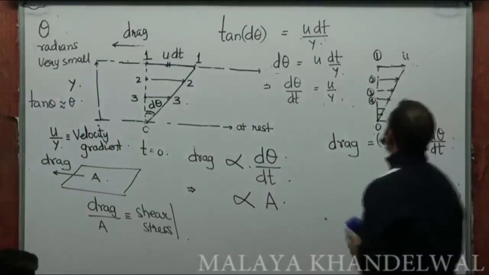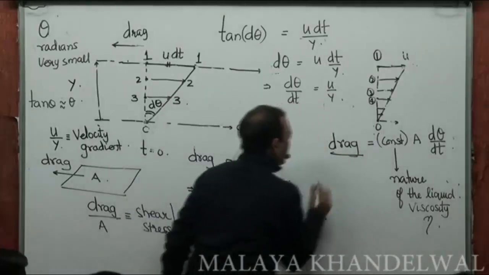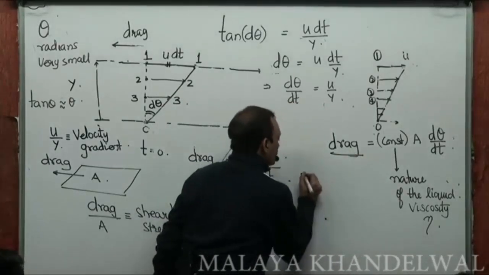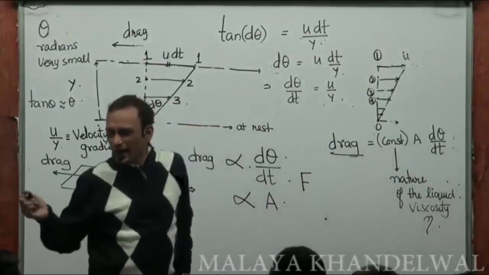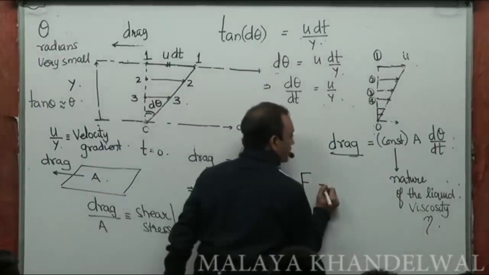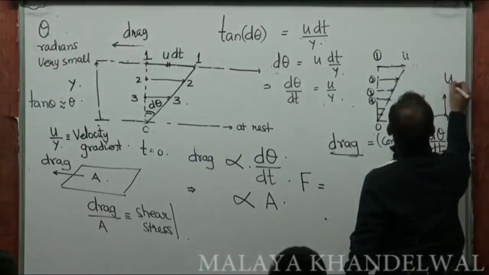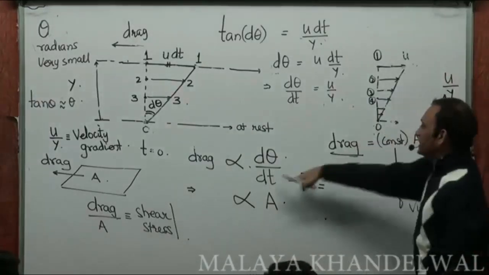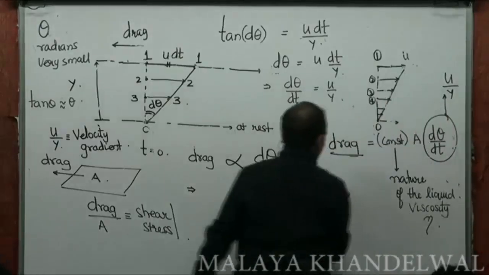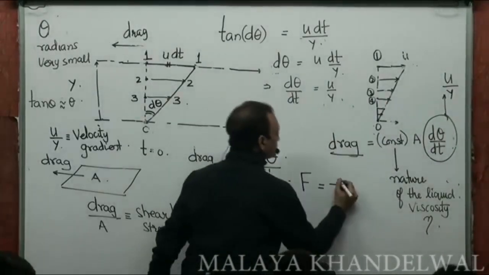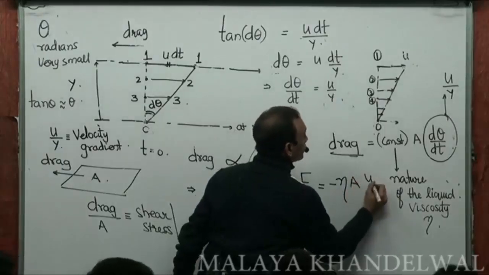Now, this drag, represented algebraically by a force F, is written as, now this d theta dt I can write as u by y. The velocity gradient, as we have established, is u by y. Now I put in a minus sign here: F equals minus eta A u by y.